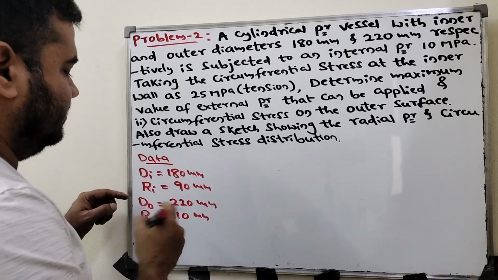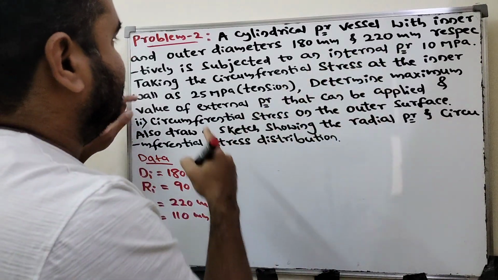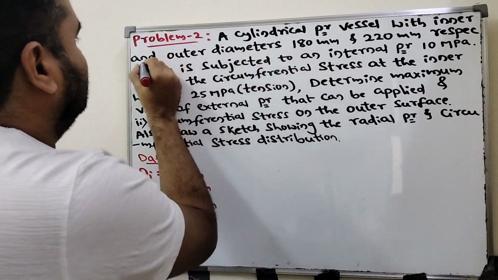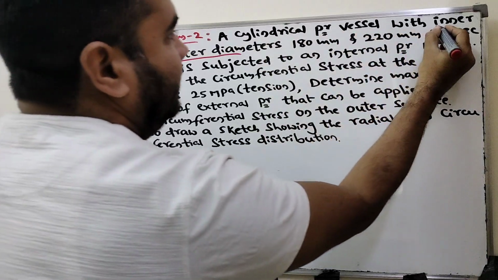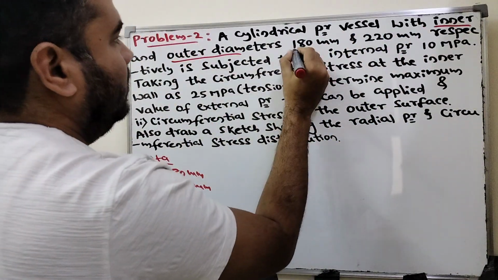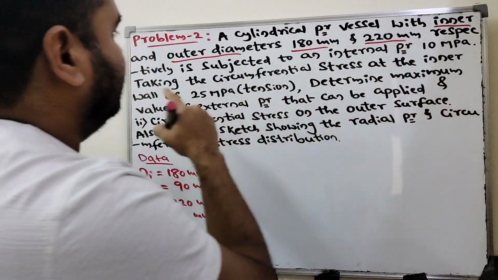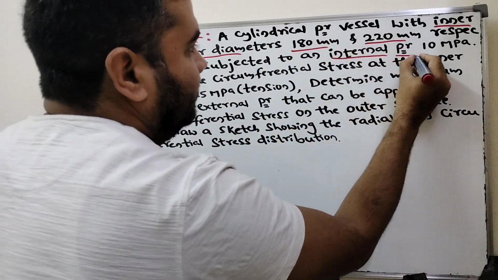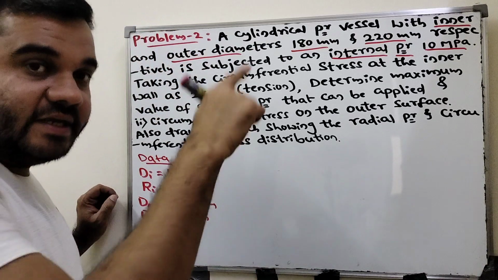This cylinder, with inner diameter 180 mm and outer diameter 220 mm respectively, is subjected to an internal pressure of 10 MPa. It is on the inner wall.